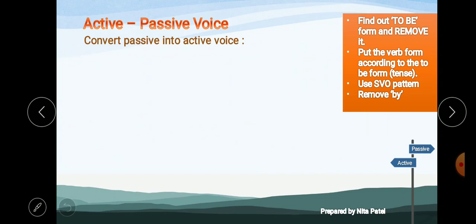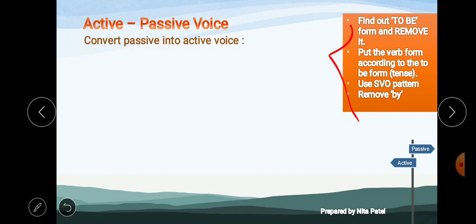So basically we have to reverse all the rules which we have applied there, cut all the rules which we applied in the passive. Other than that, these four tips will help you to convert from passive into active voice.